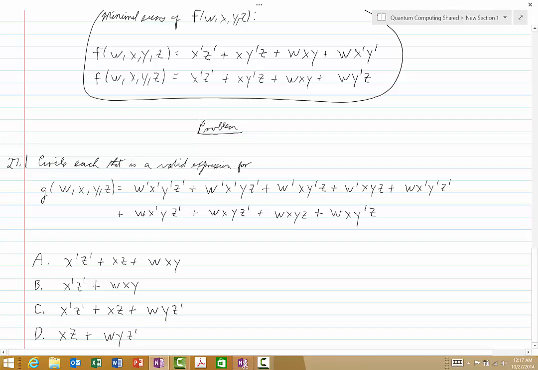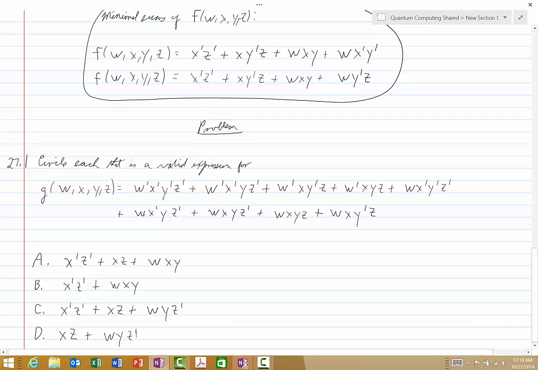And I'll just read all this to make sure the writing is clear. So we have G of W x y z is equal to W prime x prime y prime z prime, or W prime x prime y z prime, or W prime x y prime z, or W prime x y z, or W x prime y prime z prime, or W x prime y z prime, or W x y z prime, or W x y z, or W x y prime z.